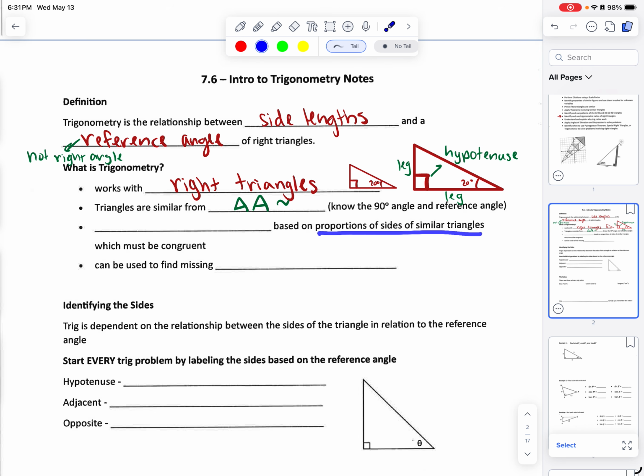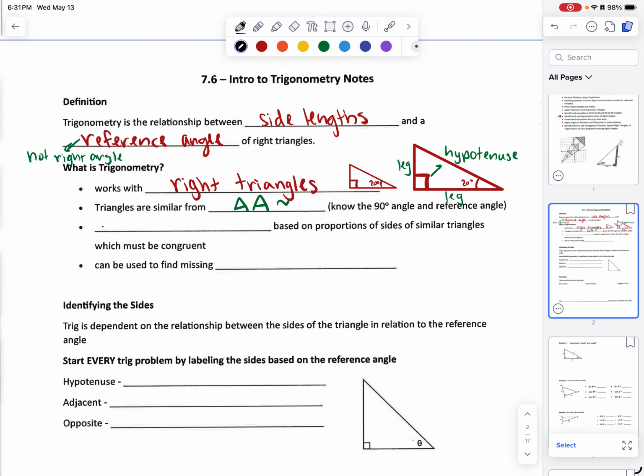Remember the proportions of sides of similar triangles. We have a relationship between those ratios. We know that the ratios, regardless of the size, have to be the same. So we're going to create some functions that model all of the possible ratios in right triangles specifically.